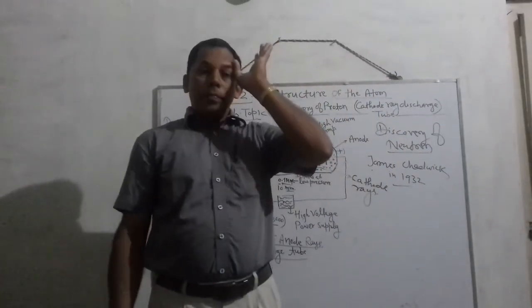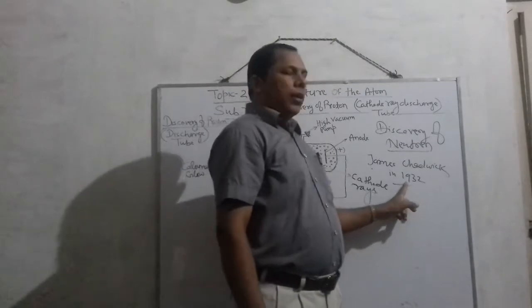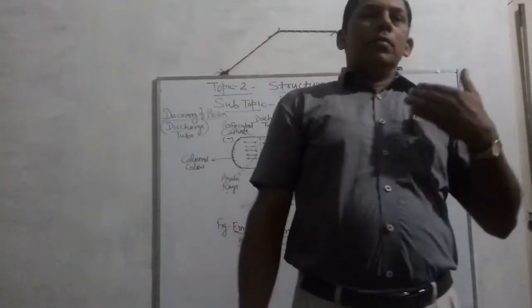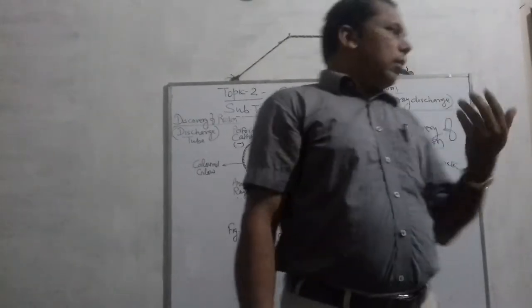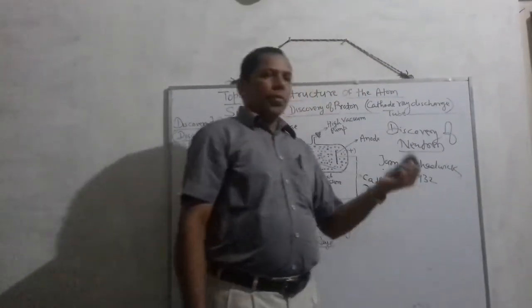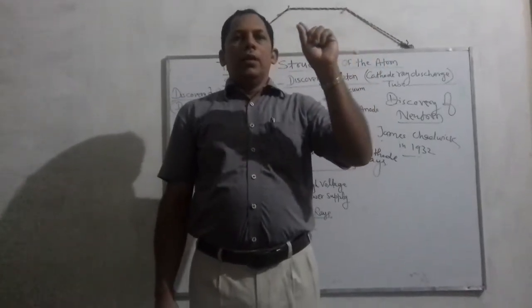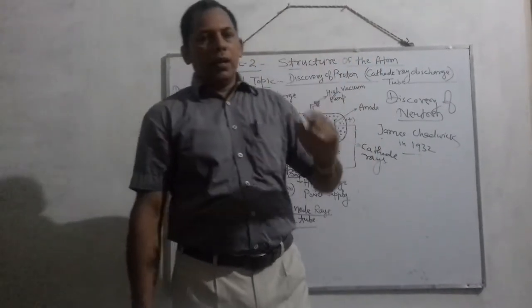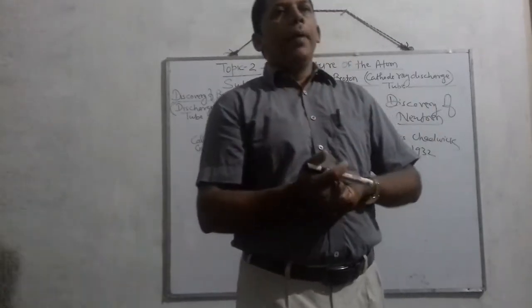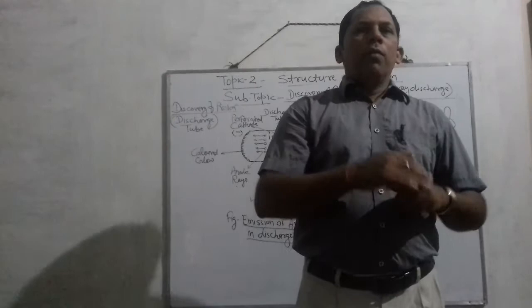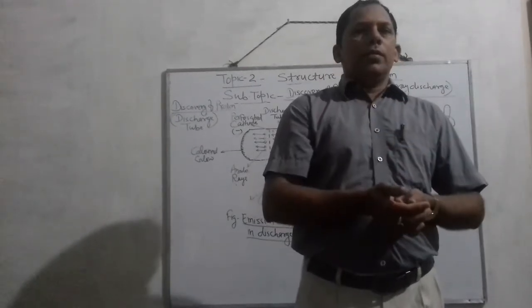So children, in 1932, James Chadwick, an English chemist, took a thin foil of beryllium metal and bombarded it with fast moving alpha particles.